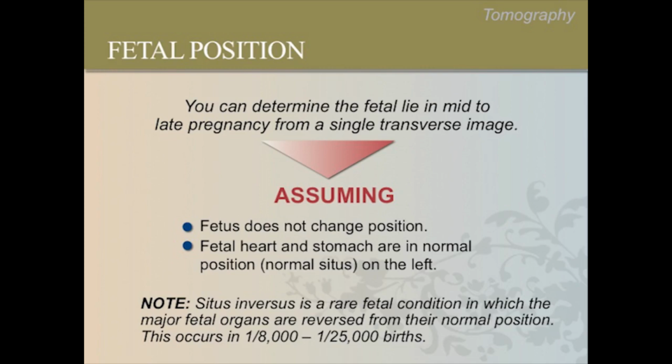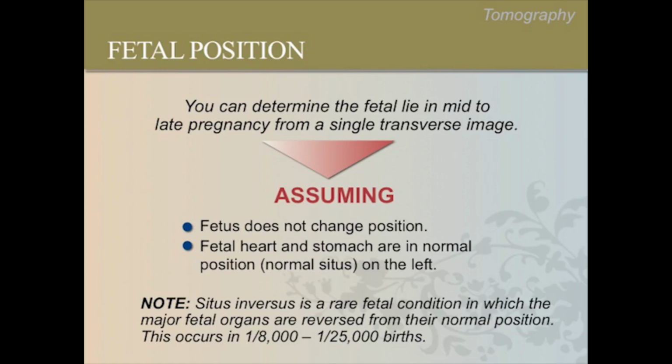Note that there's a very rare fetal condition called situs inversus, in which the major fetal organs are reversed from their normal position. This occurs in 1 in 8,000 to 1 in 25,000 births. We will assume normal development of the fetus because situs inversus is so rare.